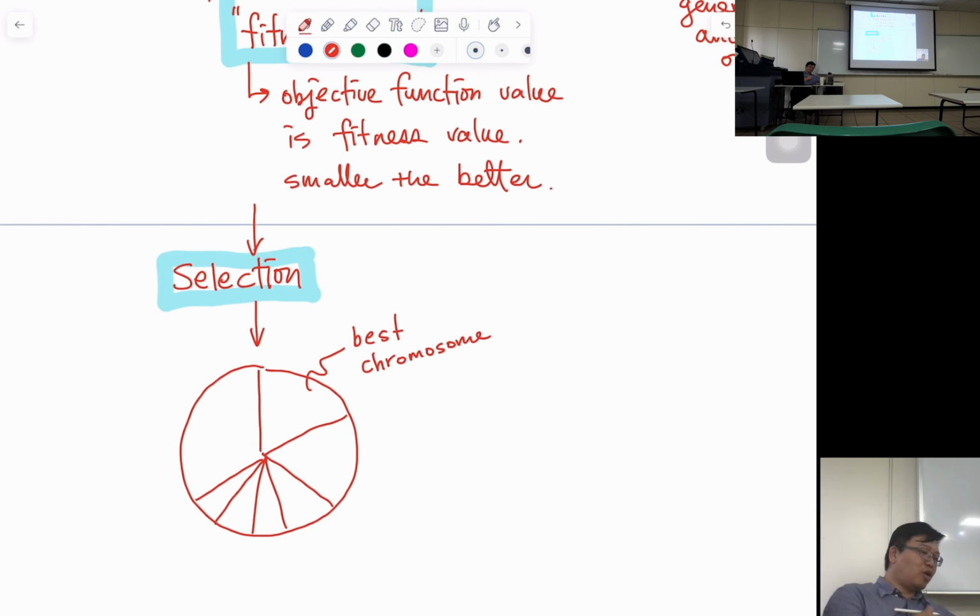Okay? So how come this best chromosome has a wider range? Because its fitness value is the greatest. So I will mathematically define how wide it is. So maybe the angle is determined by how good it is.